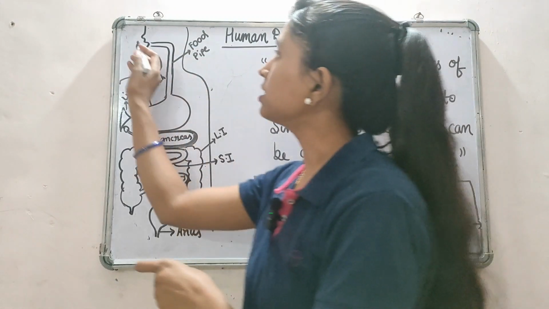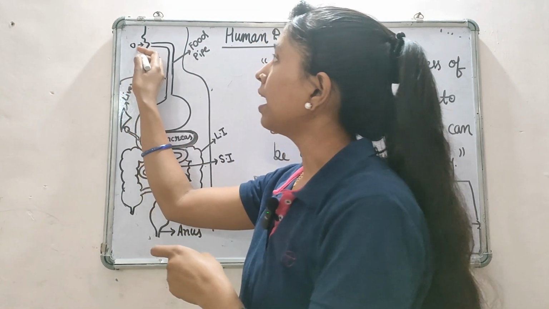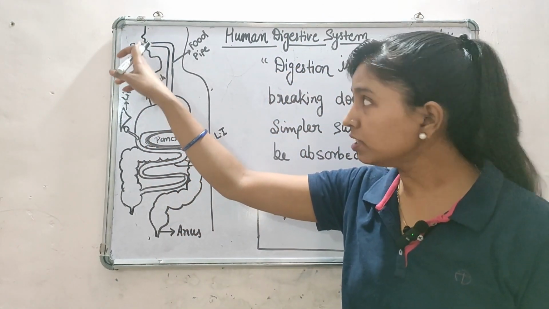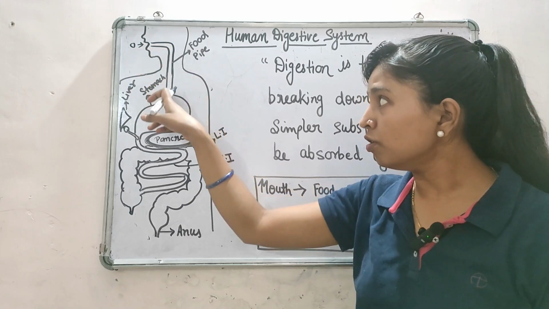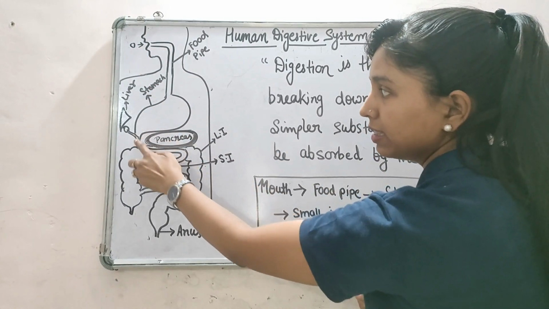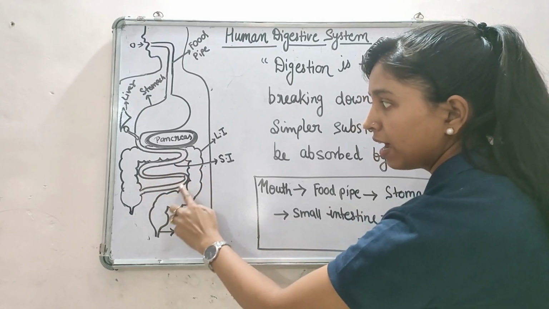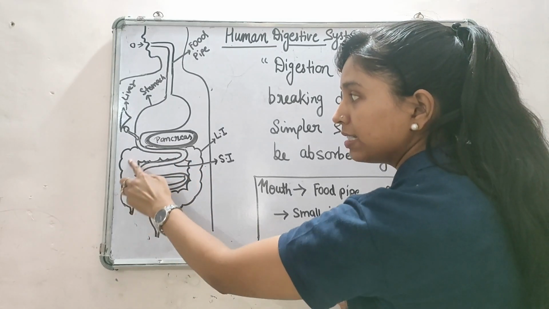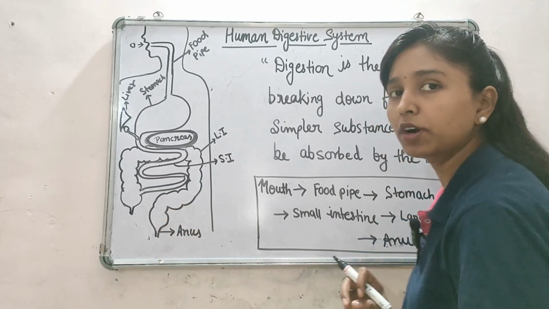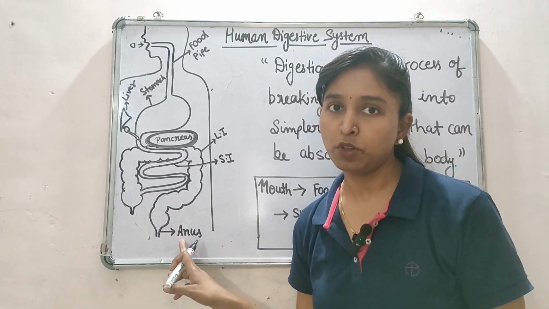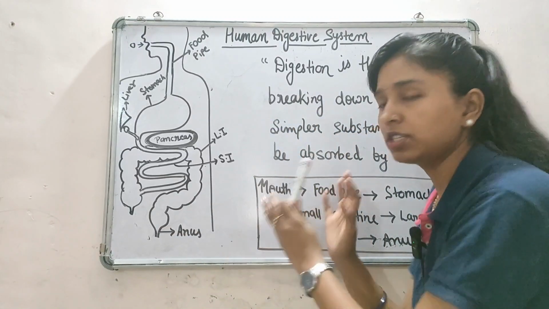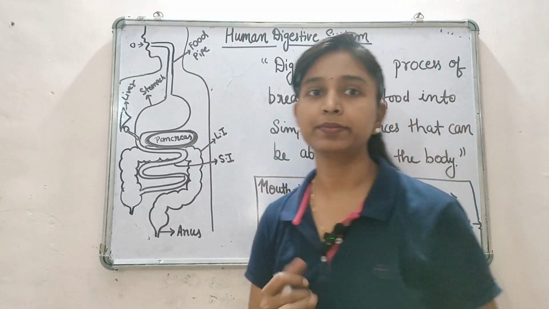When we eat some food, first of all food comes into the mouth, then into the food pipe, then the stomach, then the small intestine, and after that it comes to the large intestine, and then it is ejected from the body through the anus. So this is the process of digestion that takes place in our body.